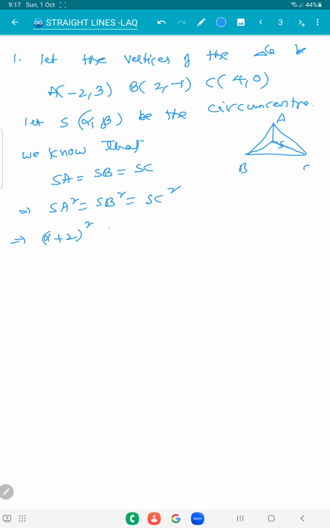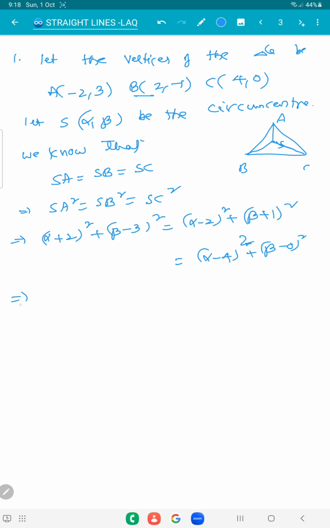This is (alpha plus 2) whole square plus (beta minus 3) whole square. SB is the distance between B and S: (alpha minus 2) whole square plus (beta plus 1) whole square. SC is (alpha minus 4) whole square plus (beta minus 0) whole square.